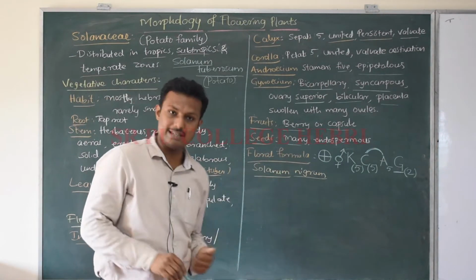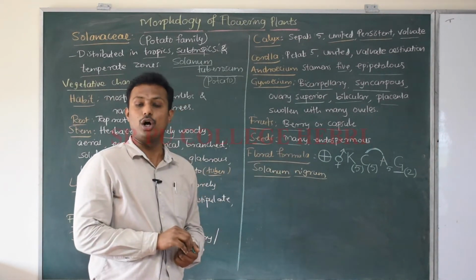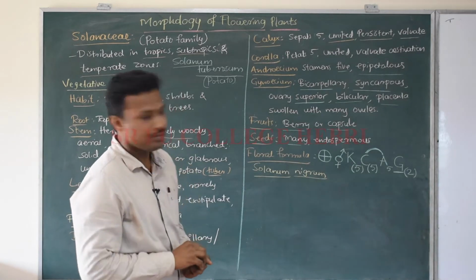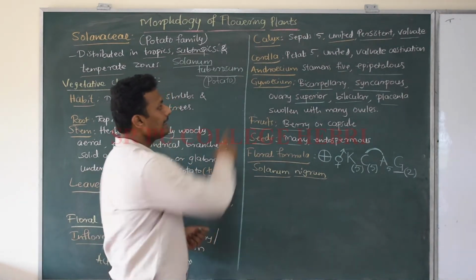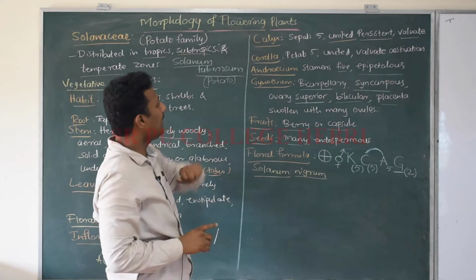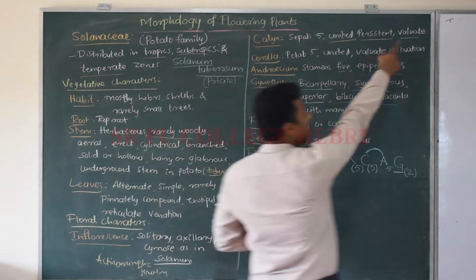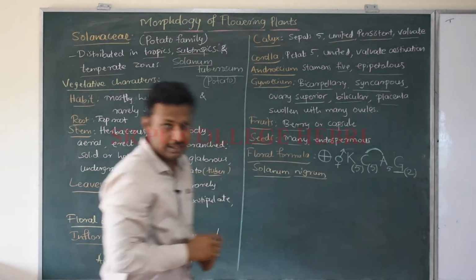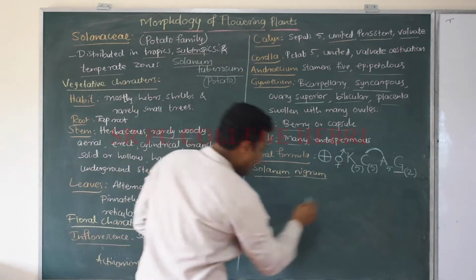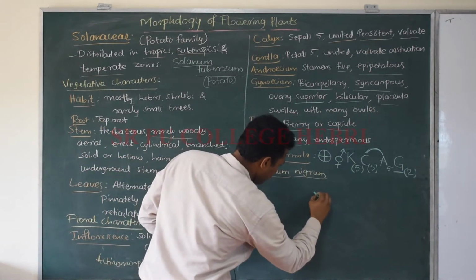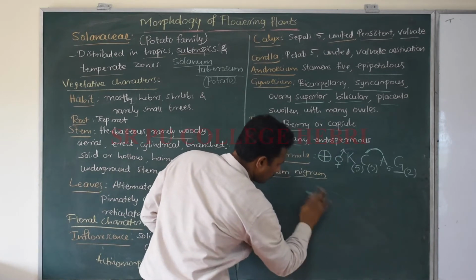Similarly, based on this information, we will try to draw the floral diagram now. See, how many sepals are there? Sepals are 5 and they are all united and they have valvate aestivation. Yes or no? Keep this information in mind and let me draw the diagram here. So how to draw?